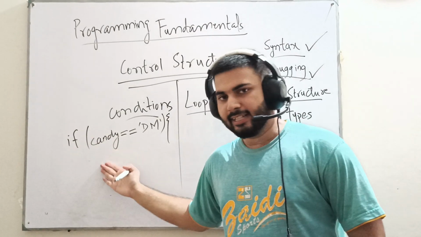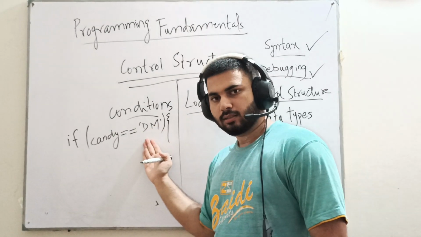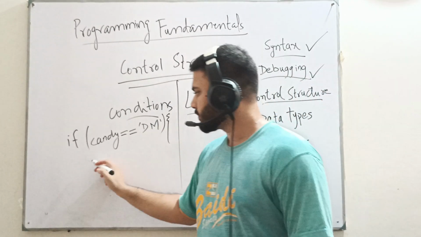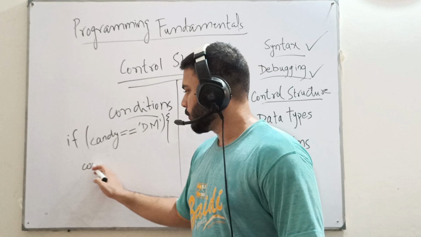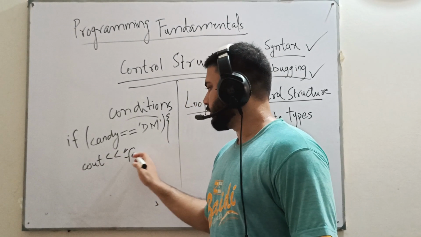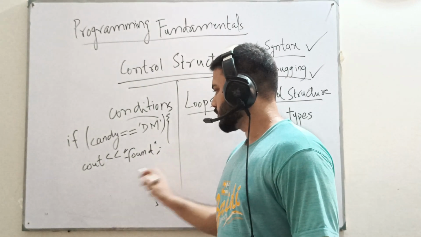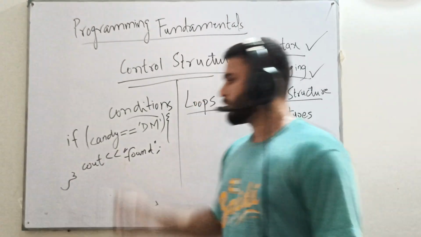If candy is equal to dairy milk, then cout found, bracket close.